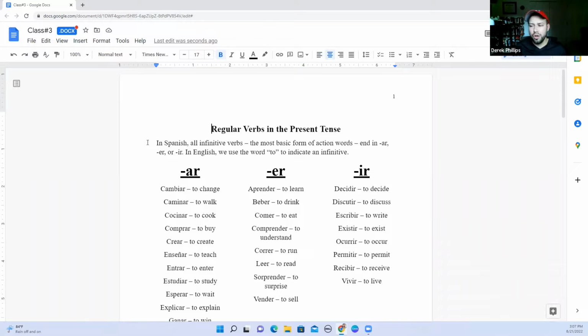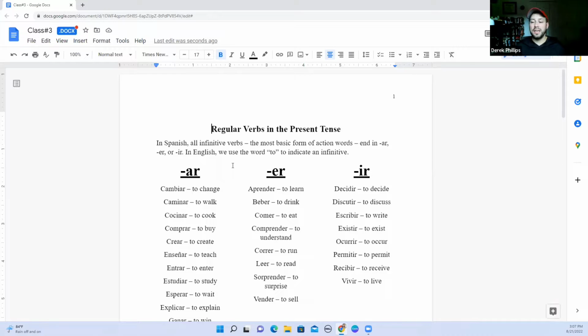Now, as you recall, in Spanish, all infinitive verbs, the most basic form of action words, end in AR, ER, or IR. In English, we use the word to indicate an infinitive. For example, we see here that cambiar in Spanish would be to change.